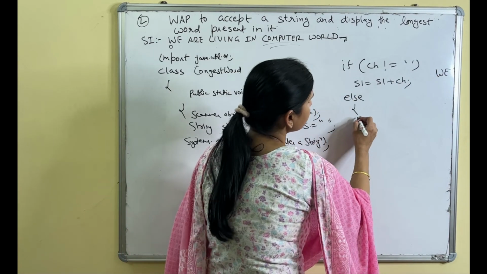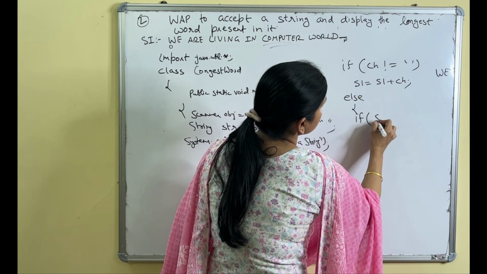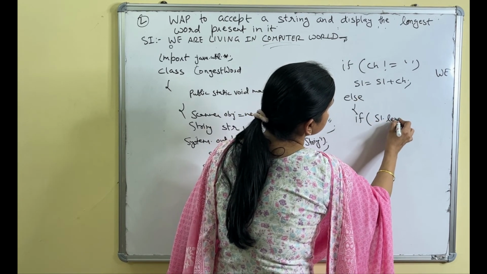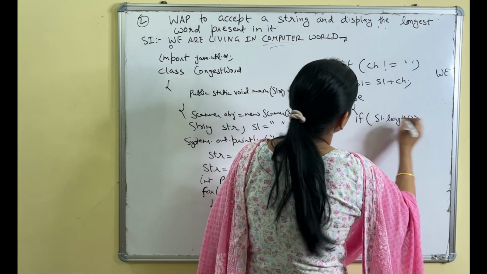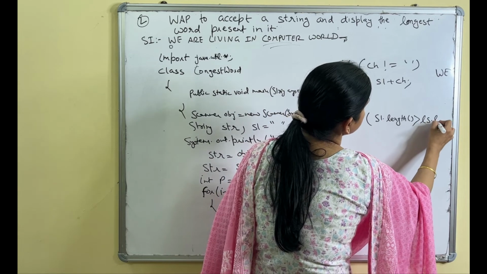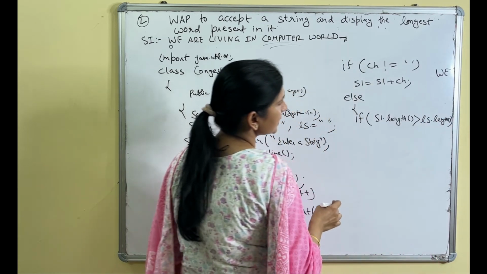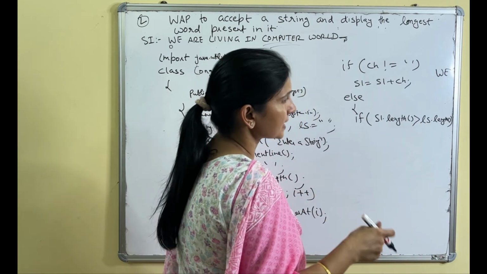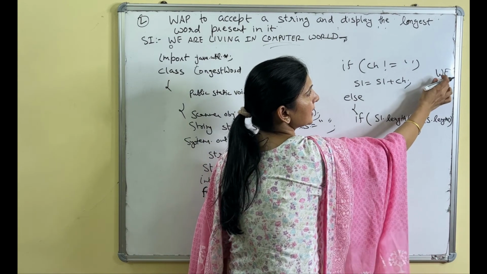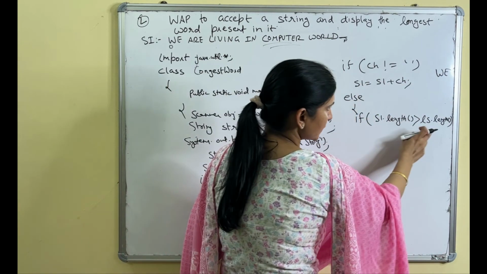So we will write if s1 dot length greater than ls dot length. If s1 dot length is greater than ls dot length, in this case yes, it is true, because here the length is 2 and here it is an empty string, so 0. So the condition will be true.